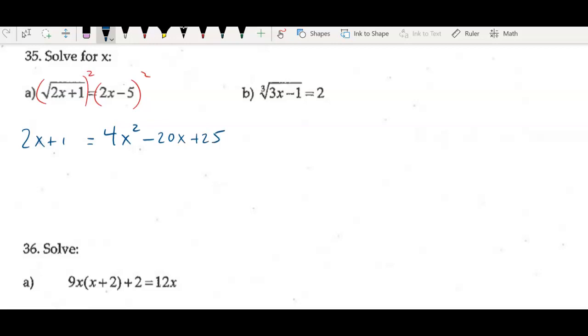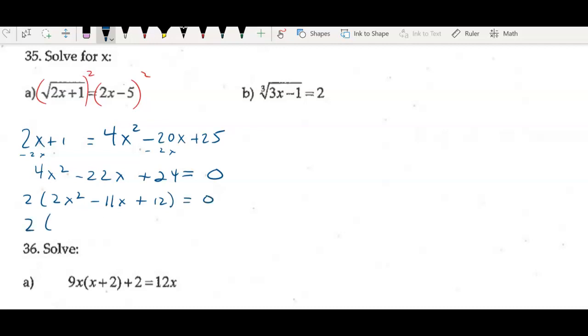I've got to bring everything over. So what's that going to give me? 4x squared. I've got to subtract the 2x. Minus 22x. Subtract the 1. Plus 24 equals 0. Take out a 2. You can go ahead and use your AC method if you choose.